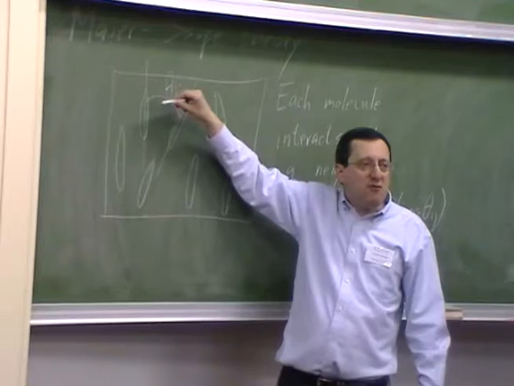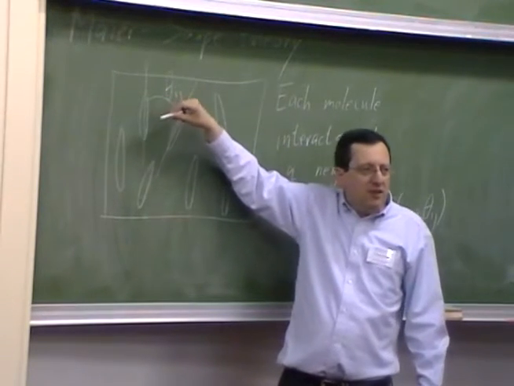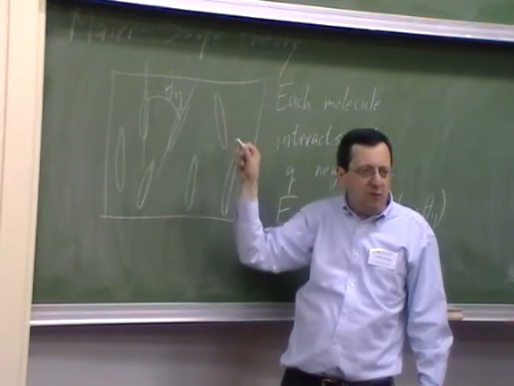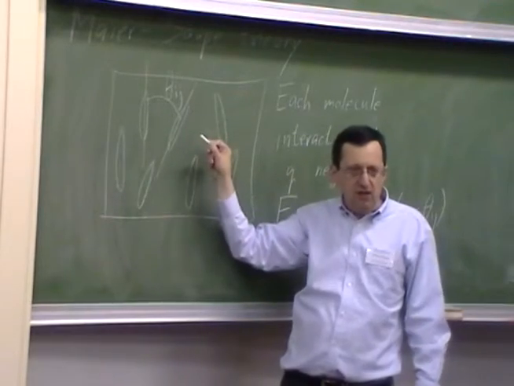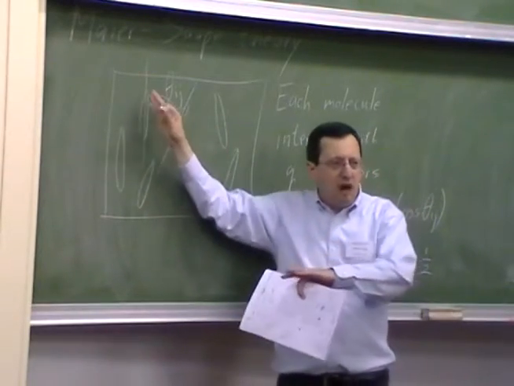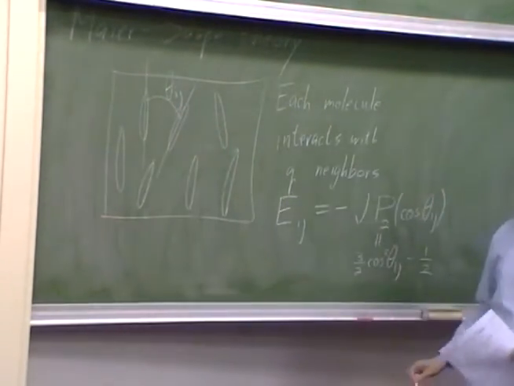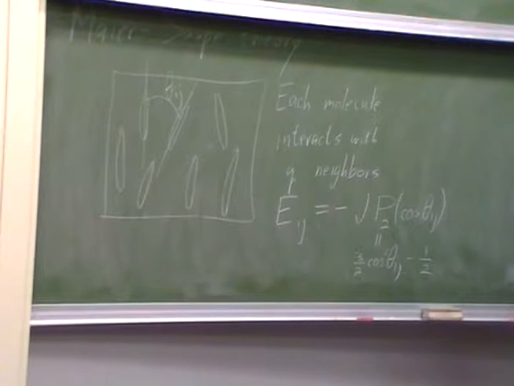It's the same story you've probably seen in derivations of the van der Waals interaction in colloid physics. This is a sort of anisotropic van der Waals interaction. But I don't have time to tell you where this comes from. Let's just assume it's true.